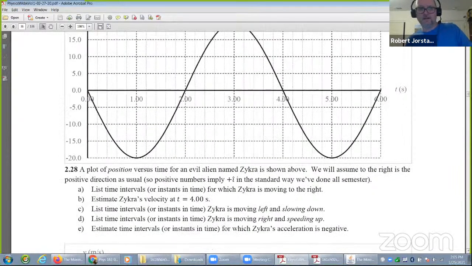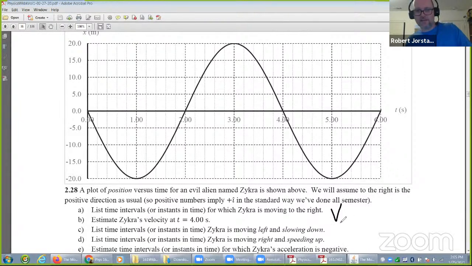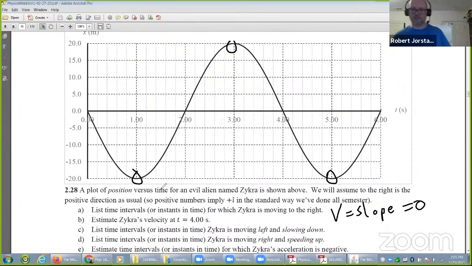Up here, if I wanted to find times where it's at rest, on this one it would be V equals slope equals 0. So here, this would be at rest, this would be at rest, and this would be at rest.